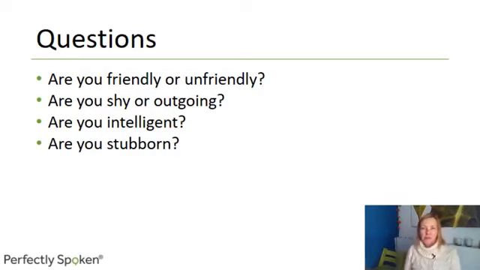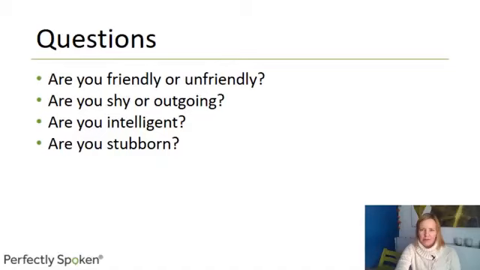Stubborn, what's stubborn? In every family, there is one person or more who is stubborn. Is it you? Stubborn is like, I am not going to change my opinion.